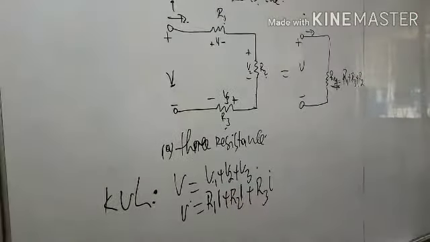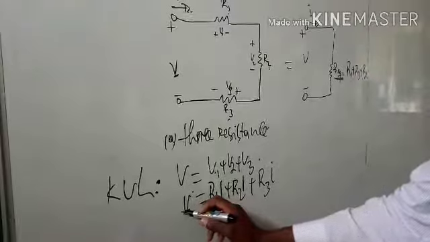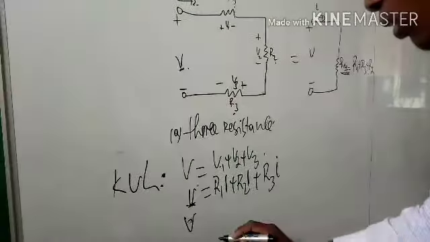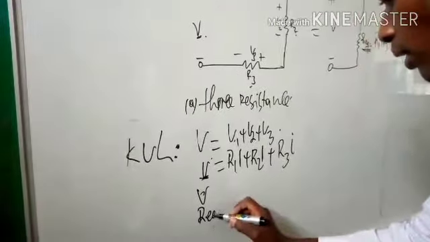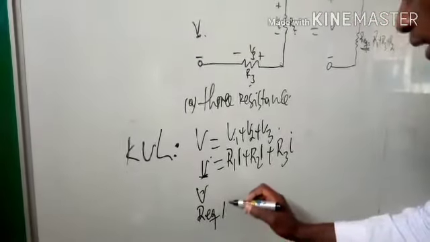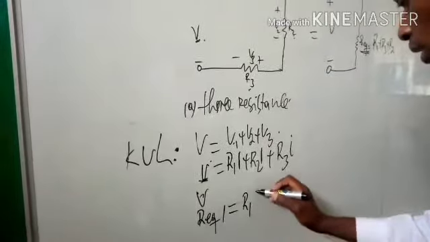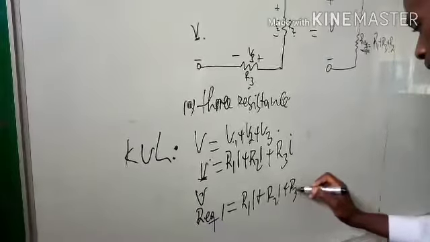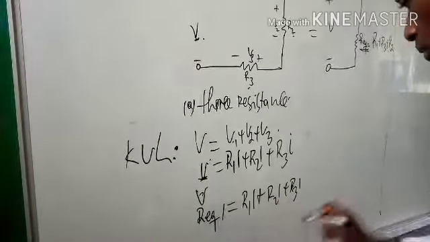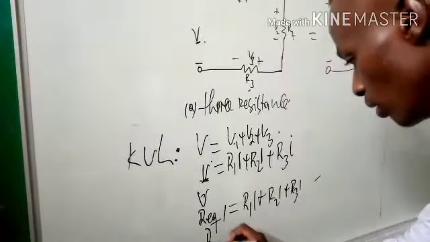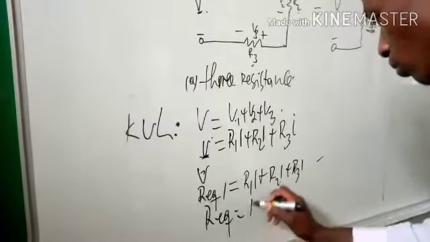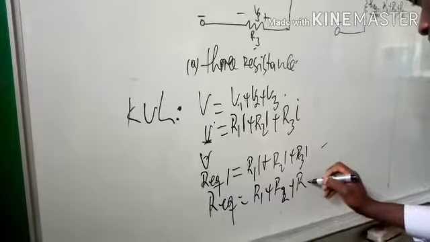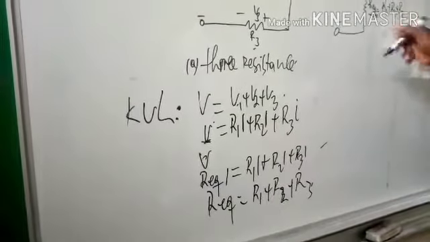The total voltage is equal to R equivalent times current, which equals R1 times current plus R2 times current plus R3 times current. The current is removed from both sides, remaining with R equivalent equal to R1 plus R2 plus R3. That is what we get here.